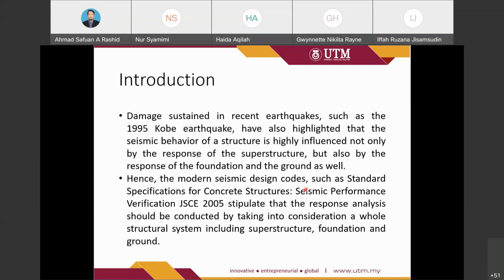Hence, modern seismic design codes, such as the Standard Specification for Concrete Structures, Seismic Performance Verification, JSCE 2005, stipulate that the response analysis should be conducted by taking into consideration the whole structure system, including superstructure, foundation, and ground. So until 2005, they started to implement SSI in the design.